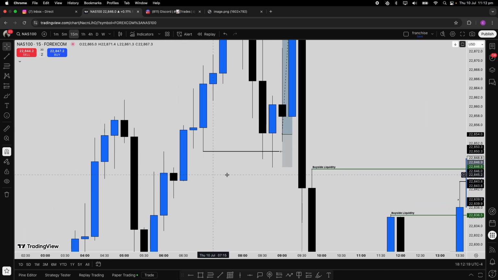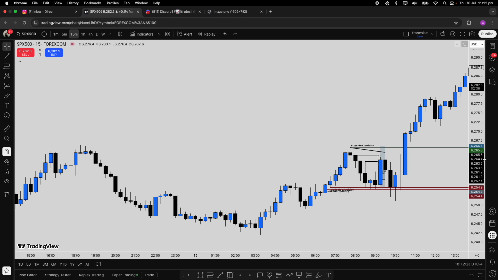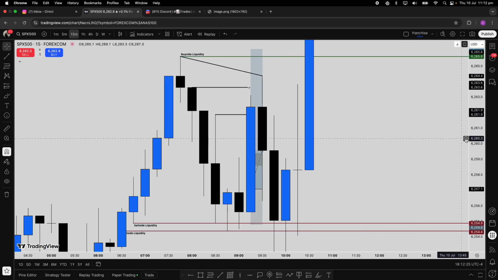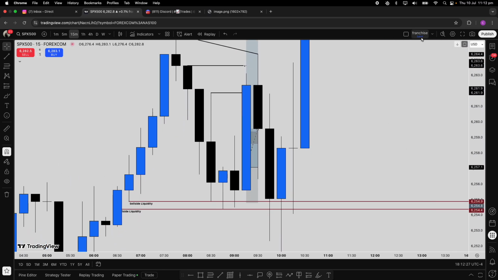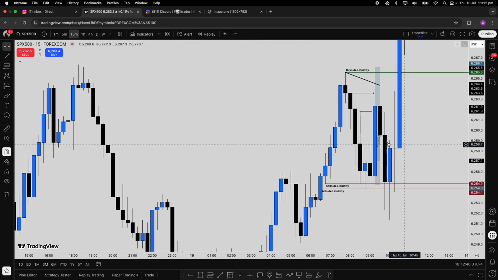This is obviously the gap. And then we go to ES. Just following my filter rules, it just looked a bit better, but yeah, we had SMT between these. That isn't the filter, but, well, don't want to give it away. But yeah, preferred this gap here. But regardless, same bias would apply.